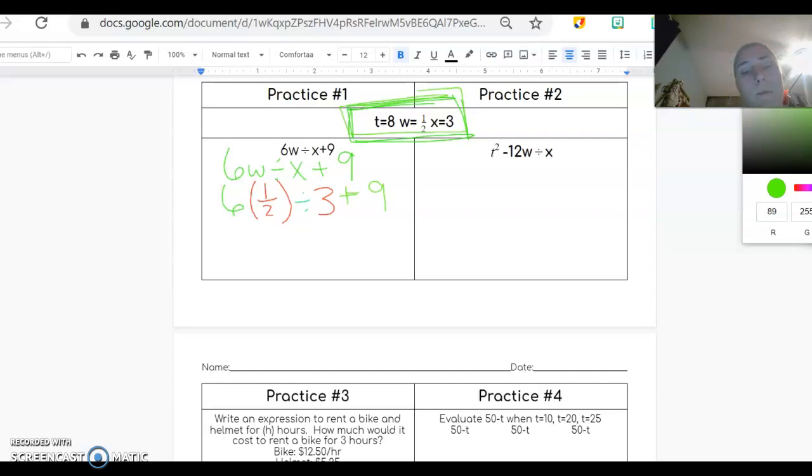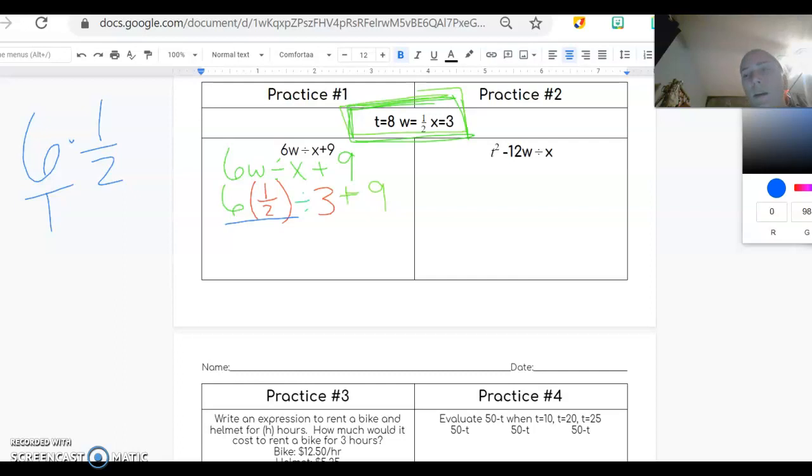I see multiplication, division, and addition. I see my multiplication first when I go from left to right. So I'm going to start with 6 times 1/2. 6 over 1 is the same as 6 because it's a whole number.